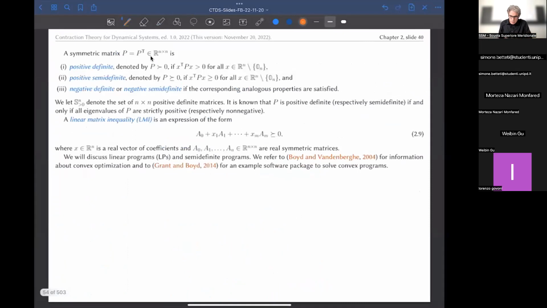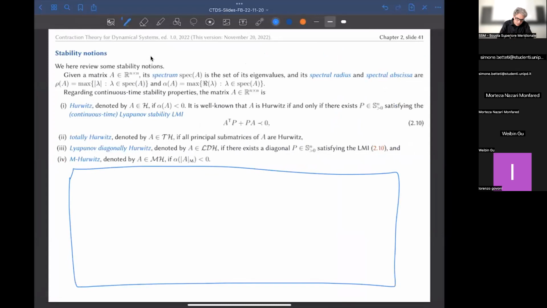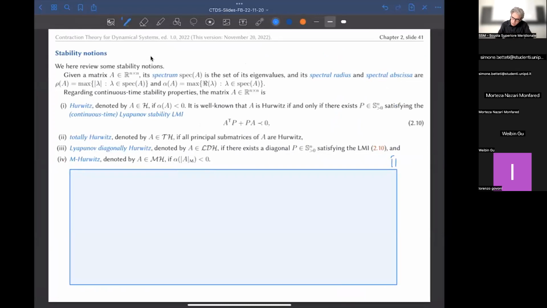Okay, so then you need to know basics about positive definite, semi-definite, negative definite, semi-definite matrices. You need to know LMIs, and you need to know stability. So let's play this game. Imagine this is the set of all matrices. This is R n times n.